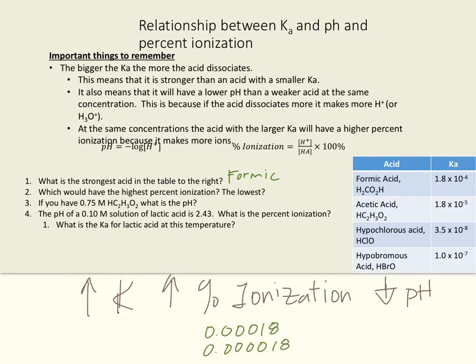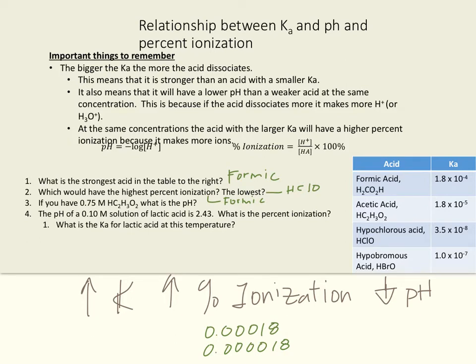So remember, these exponents being negative means that it's a smaller number if the exponent is larger. Which would have the highest percent ionization? The highest percent ionization, as long as they're at the same concentration, would be formic again. And then the lowest would be hypochlorous, because it has the smallest Ka.